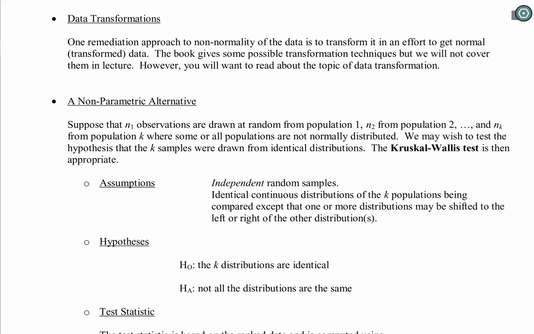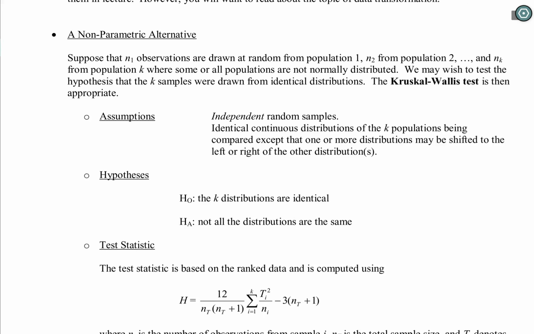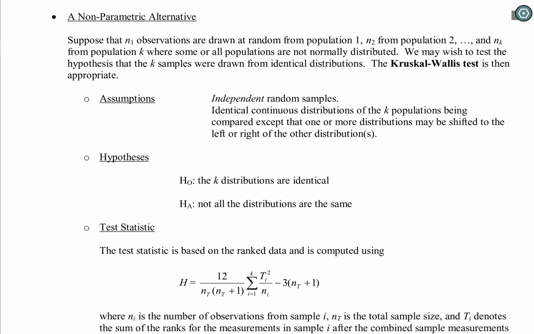But what I want to focus on in this video is a non-parametric alternative to the F-test for the analysis of variance setting. We're going to use what's called a Kruskal-Wallis test. You might use this if the normality assumption needed for the F-test is violated.